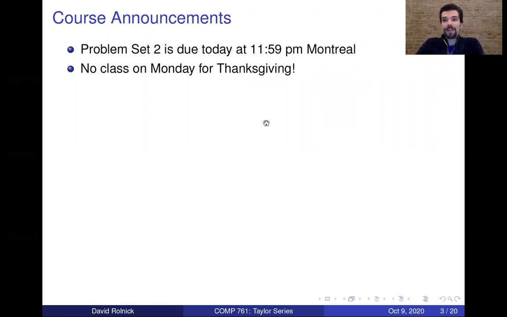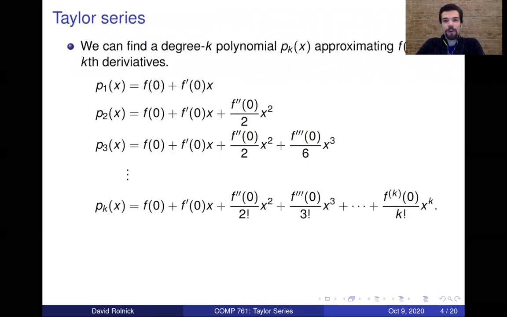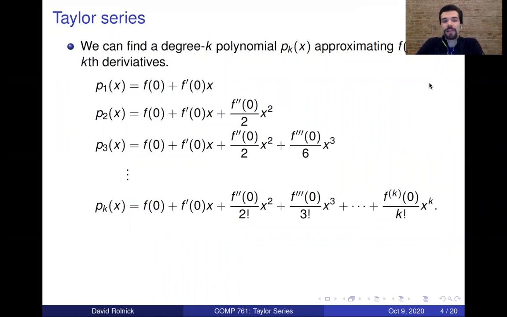Let's carry on with Taylor series, which we started last time. As a reminder, a Taylor series is the limit of these polynomials, which approximate a function up to kth derivatives.